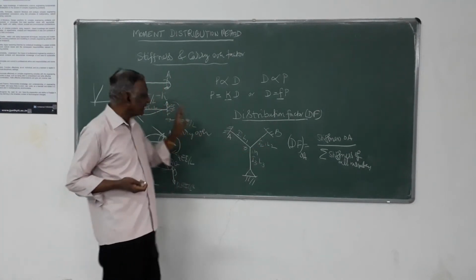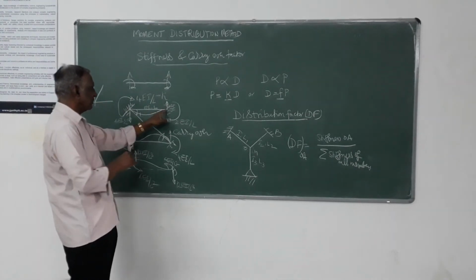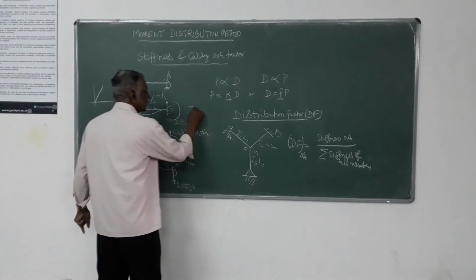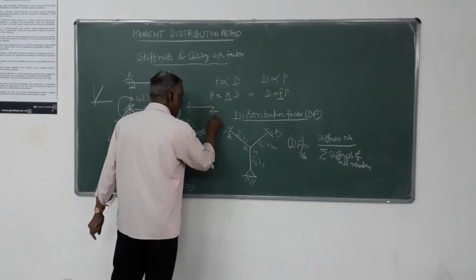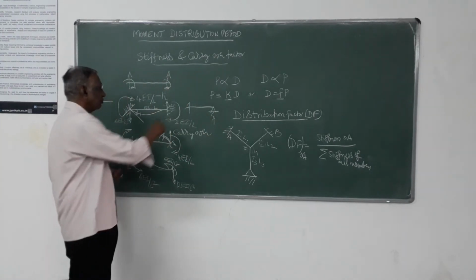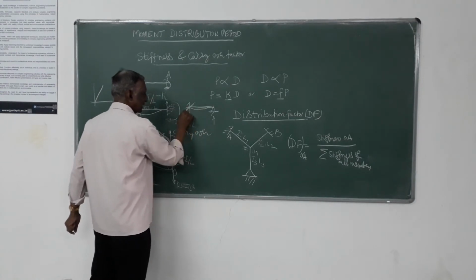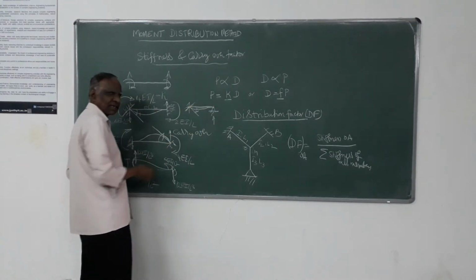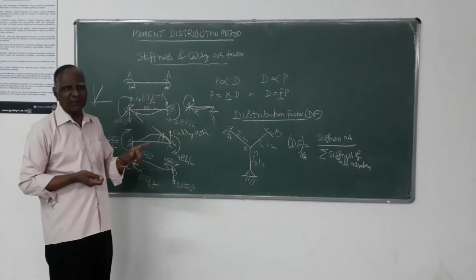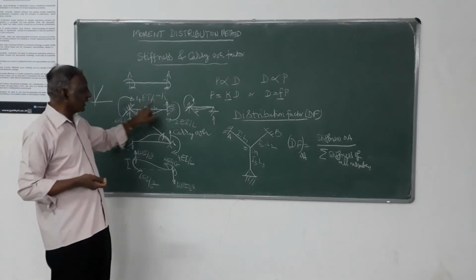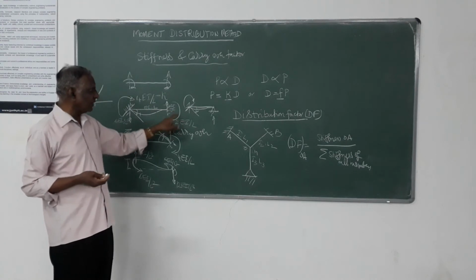Here, when the other end happens to be hinged, that point I missed to tell, if the other far end is hinged or simply supported or a roller, and you force this end and give a rotation in the clockwise direction, then the force required is not 4EI by L. Because it is 4EI by L when the other end is fixed, as half that particular value will go there.